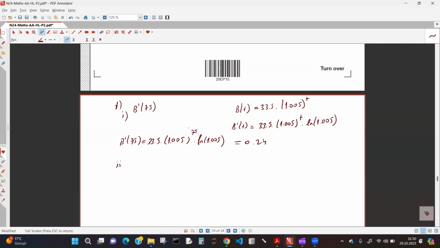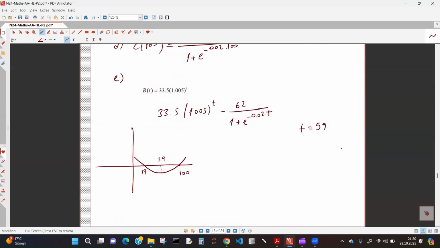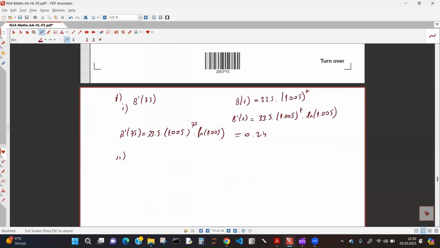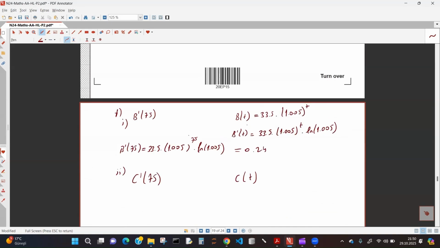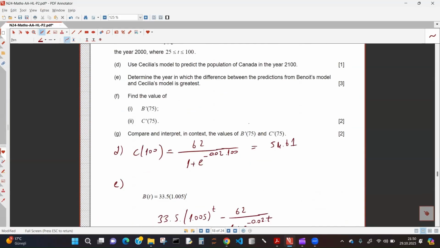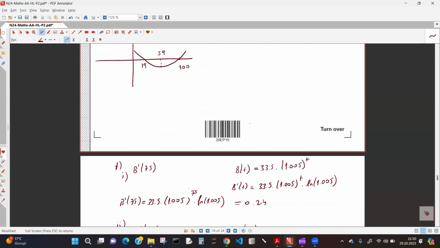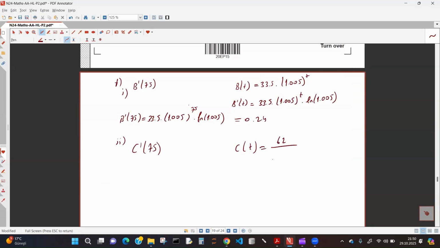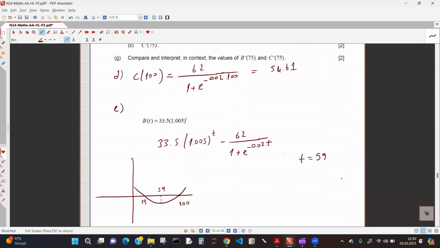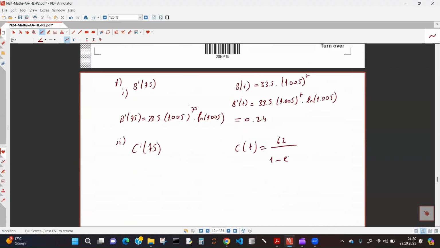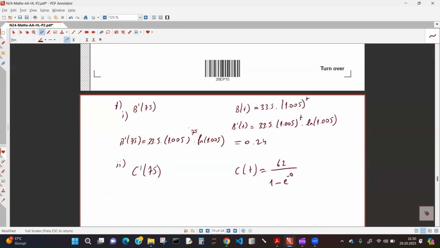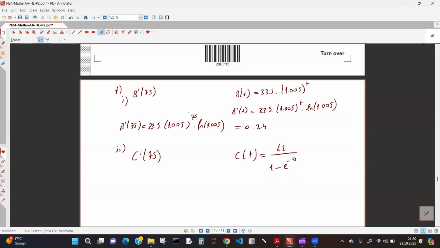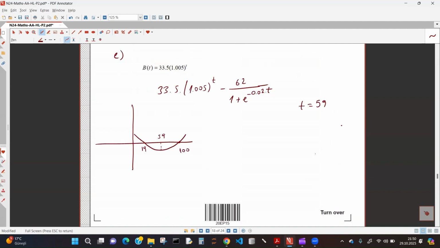The question is asking for the derivative of C. First, I'm writing again the function here, which is 62 divided by 1 plus 8 to the power of minus 0.02 times t.